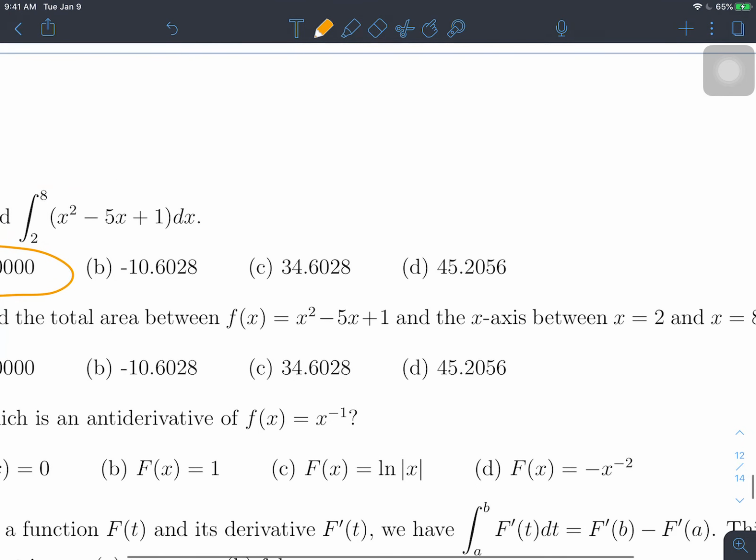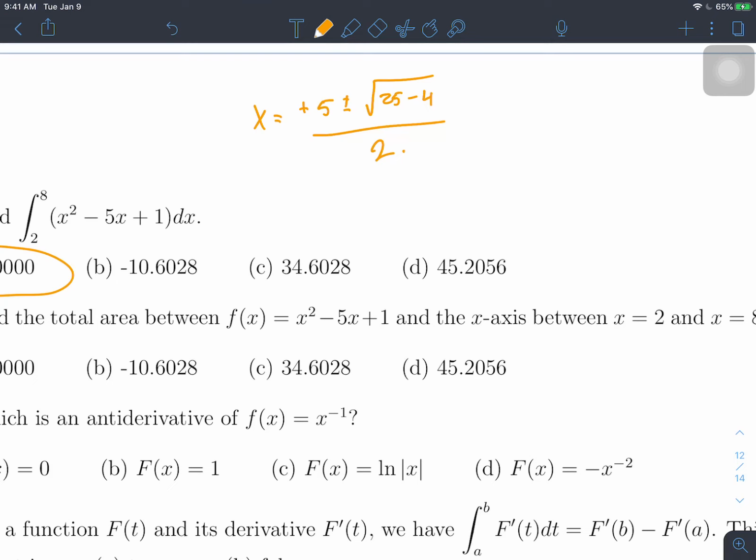What does this thing look like? x equals negative b plus or minus the square root of b squared, that's 25, minus 4ac, which is 4 times 1 times 1 is 4, divided by 2a.